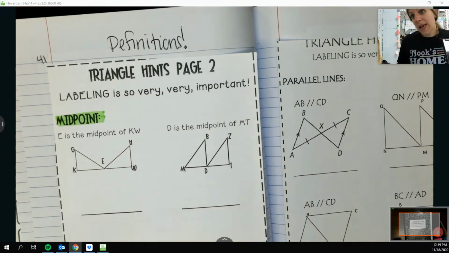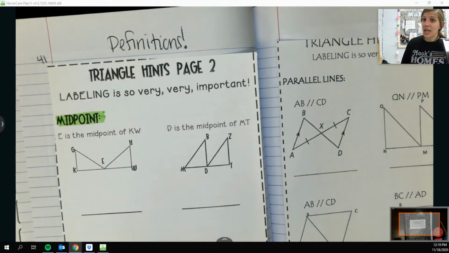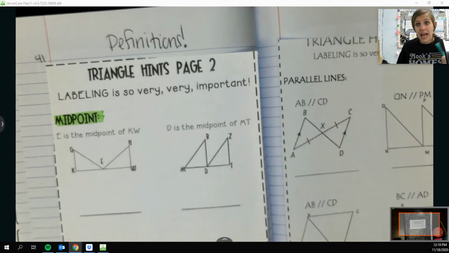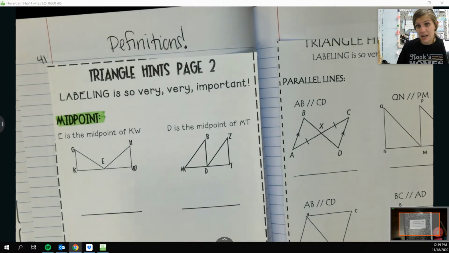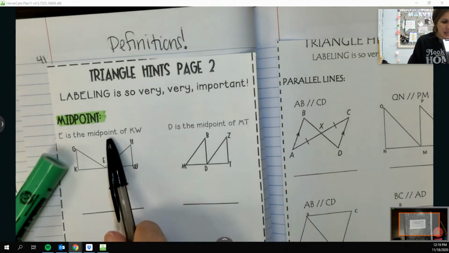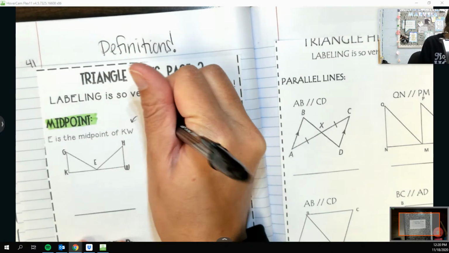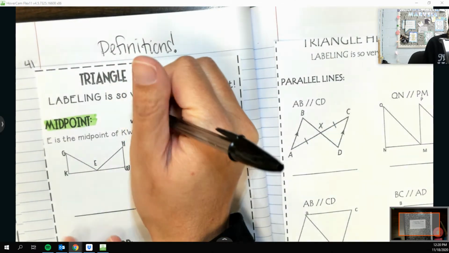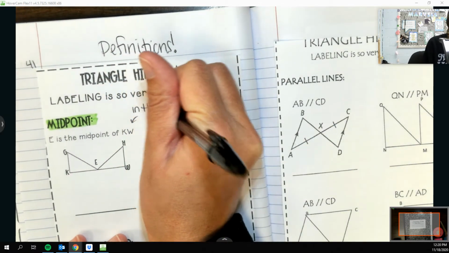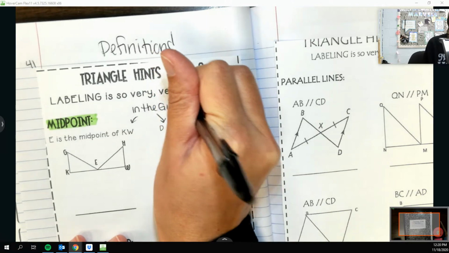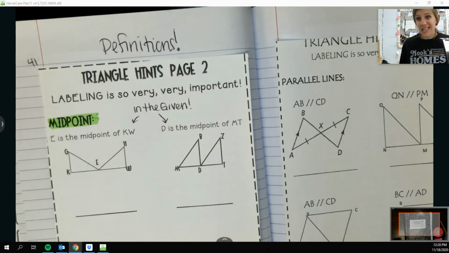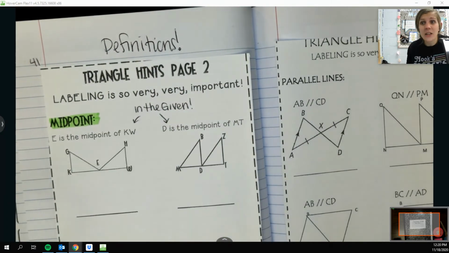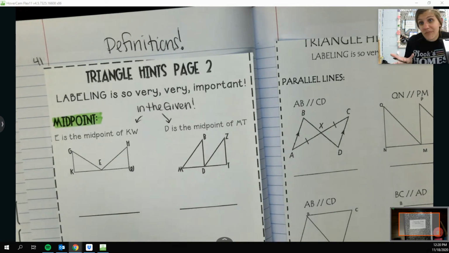Now, the only way you could use definition of a midpoint as a reason that some sides are equal is if they told it to you. So they must literally say these words in the given. So like this little sentence right here would have to be in the given statement. If it's not, you can't say stuff about midpoint, even if it looks like it might be a midpoint. You don't know. They didn't tell you, so you can't do that.